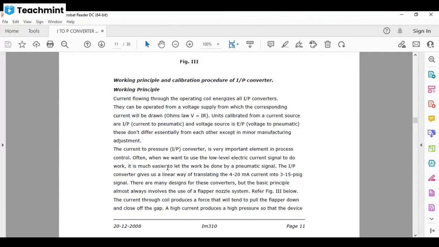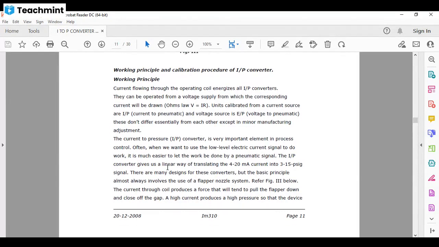15 psi signal. There are many designs for this converter, but the basic principle almost always involves the flapper nozzle system, which is shown in the figure above, and the current below.